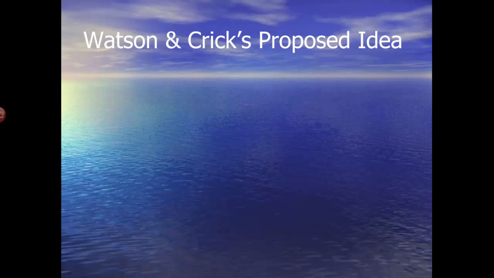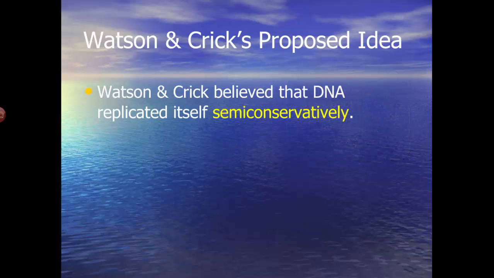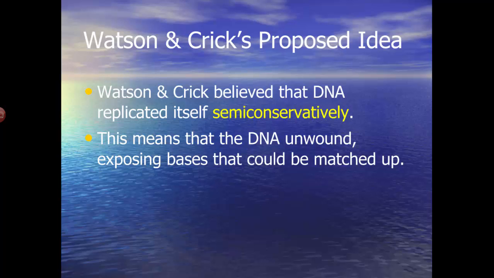The concept of DNA replication is not new. It goes back to 1953, right after Watson and Crick came out with the structure of DNA. They proposed their idea for how DNA must copy itself. And their model that they used was called a semi-conservative model. In a semi-conservative model, what they mean is that DNA opens up and unwinds.